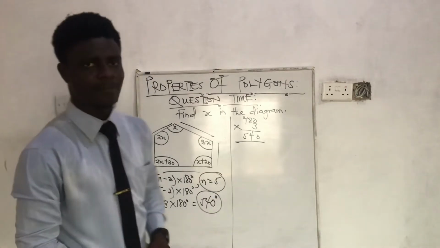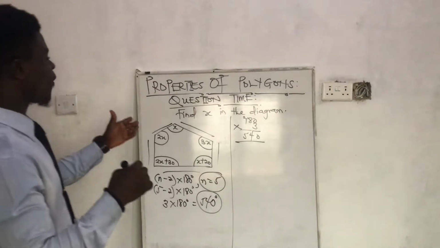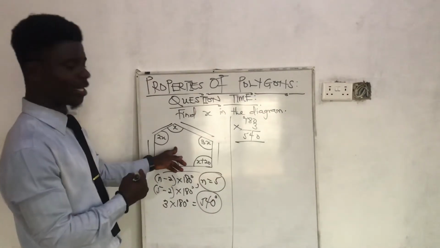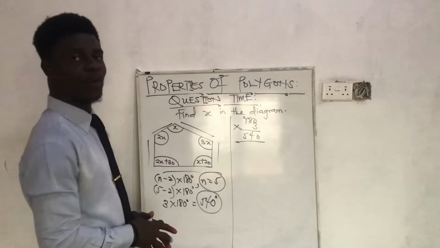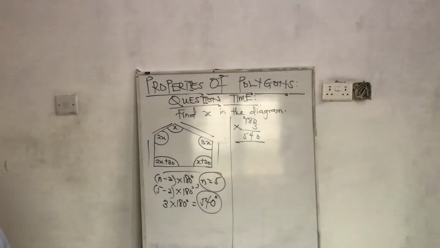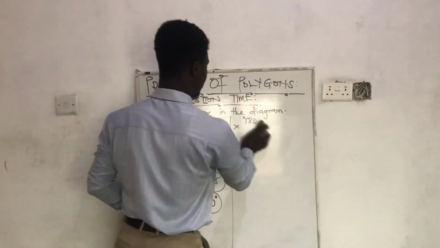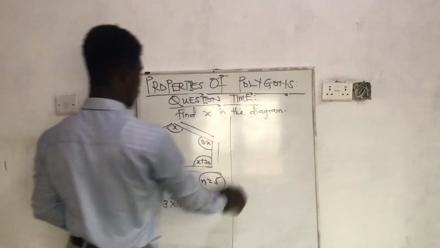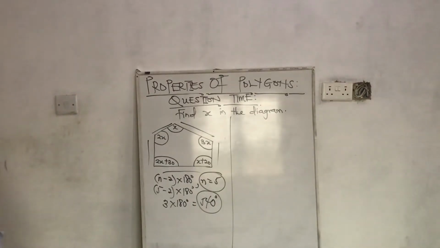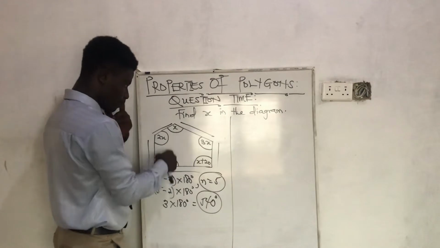So the sum of interior angles of an irregular polygon, that's a pentagon, is 540 degrees. So it means that we will add all these angles.